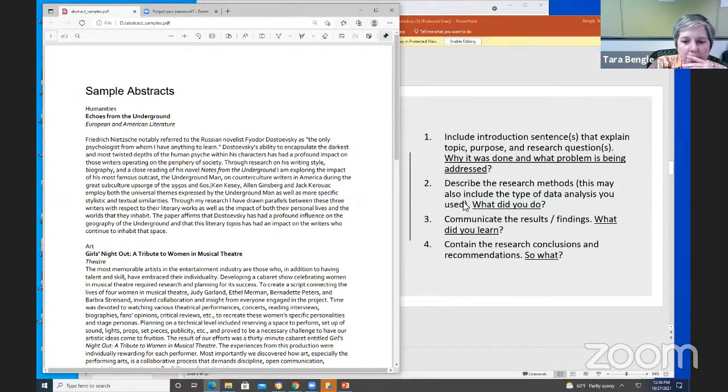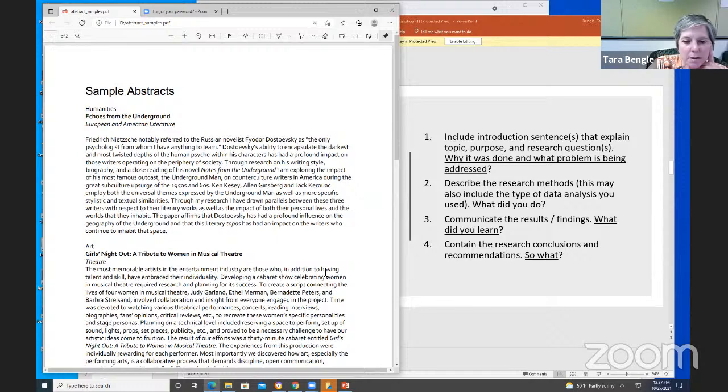But it might be better for number 2, describe the research methods, like how did you answer the research question? And then this would stand out more as being part of number 1, describing the research problem.